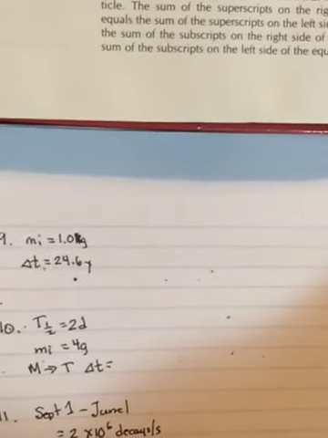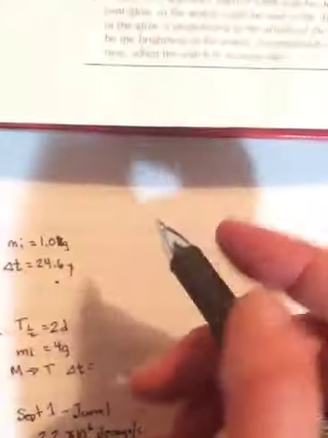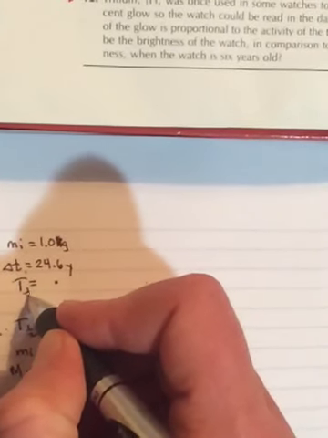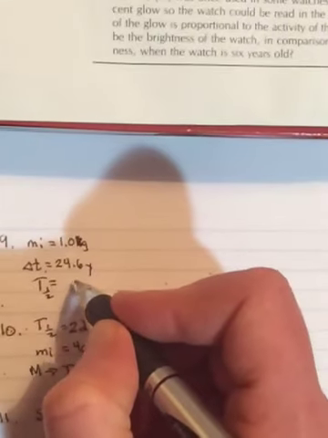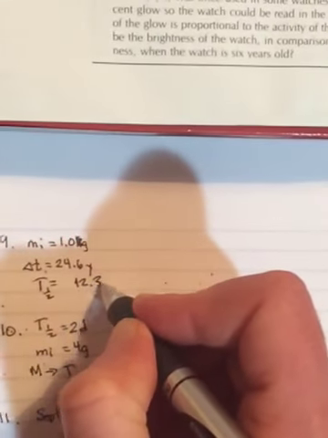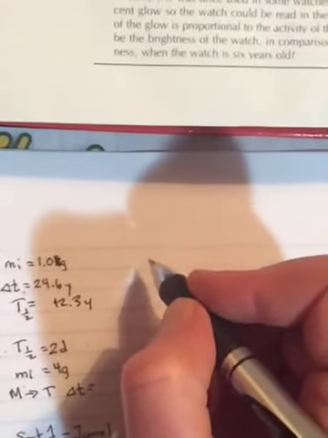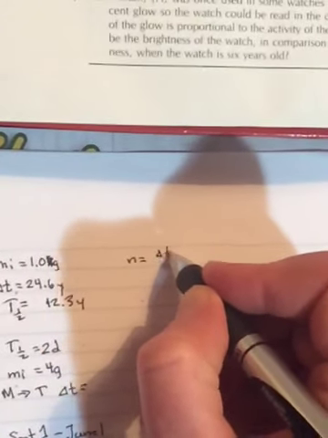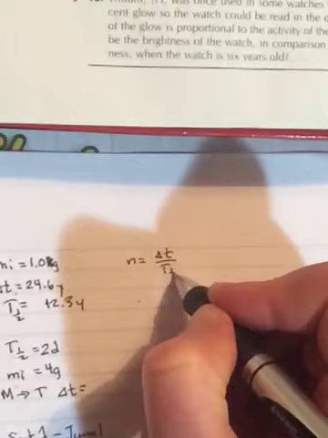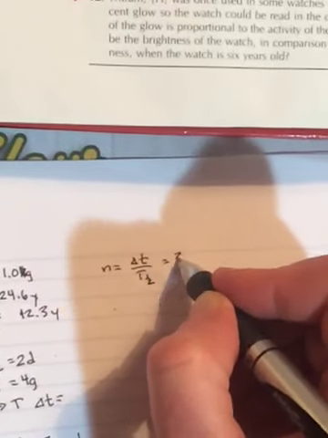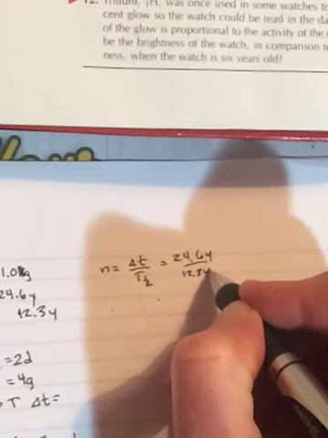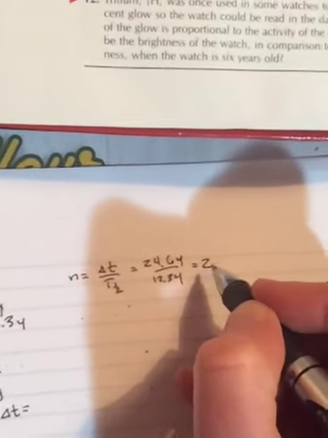So you have to flip back in your book and see that the half-life of tritium is 12.3 years. And so to figure out the number of half-lives, it's just delta T over 1 half-life. So 24.6 years over 12.3 years, so it's 2 half-lives.